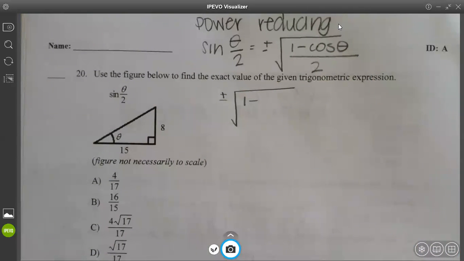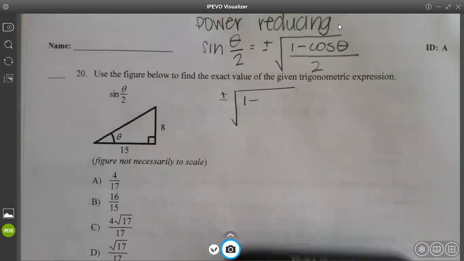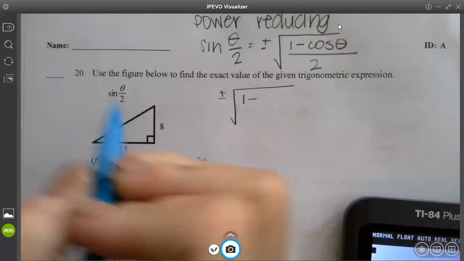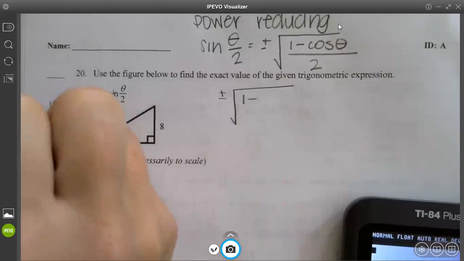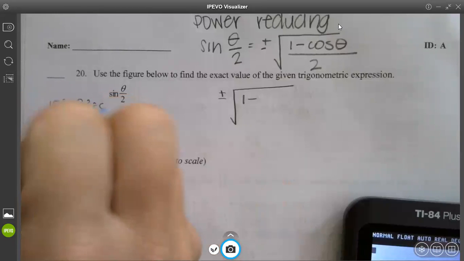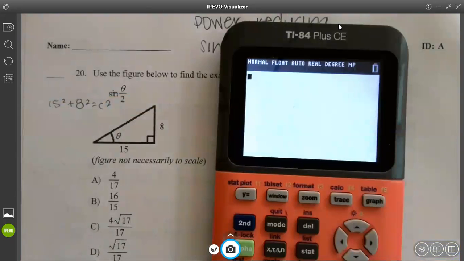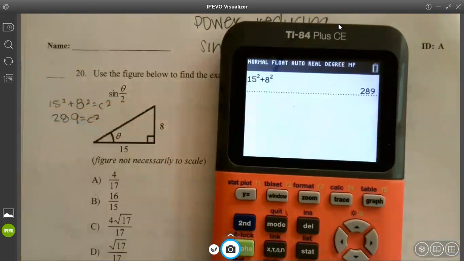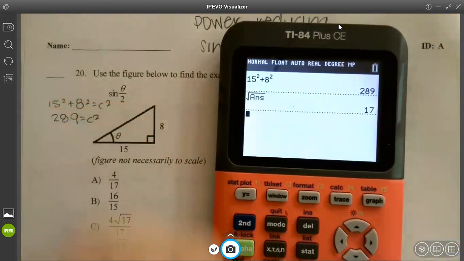Okay, what do I not have? How do I get the hypotenuse? 15 squared plus 8 squared is 289. Square root, and I get 17.